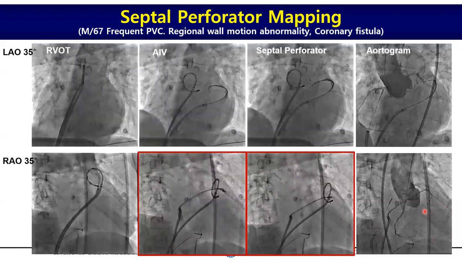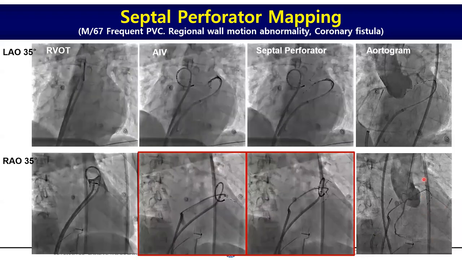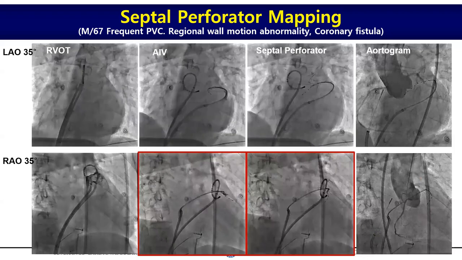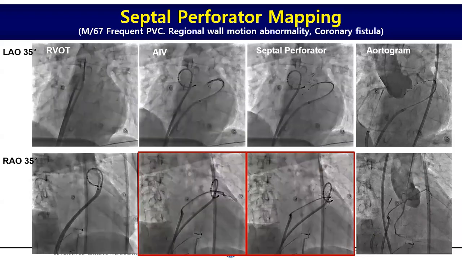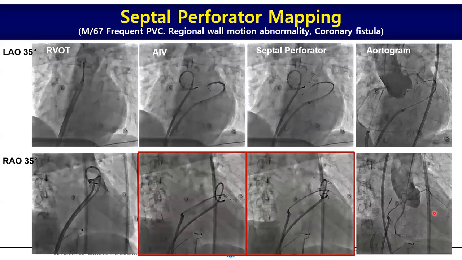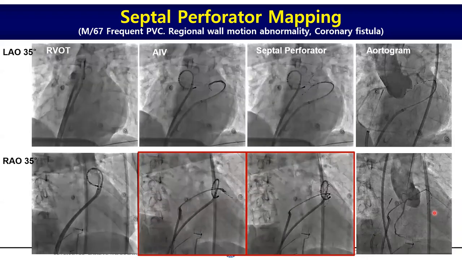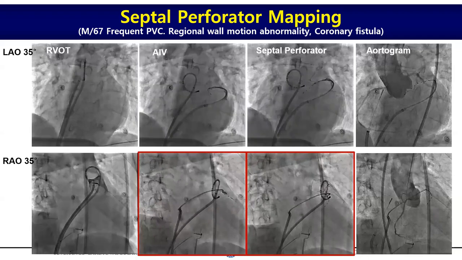If it is closer to the aortic root and above the aortic root, it might be a communicating vein. But this microcatheter is in a lower position away from the aortic root, so it is in a high position of the septal perforator vein.